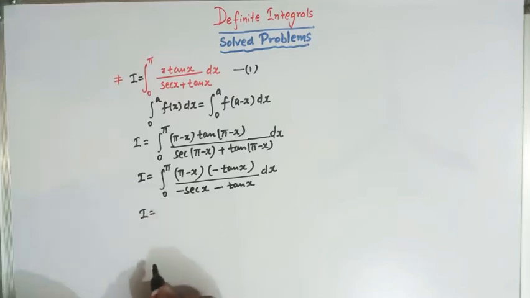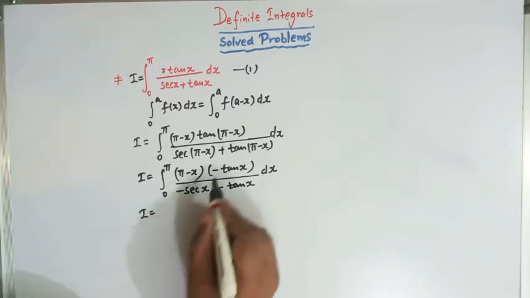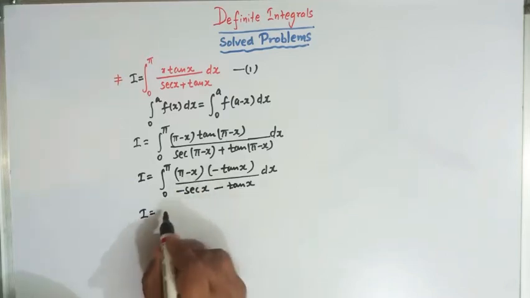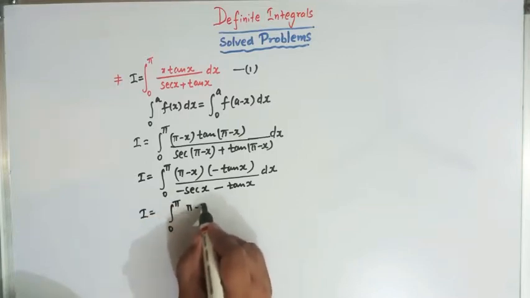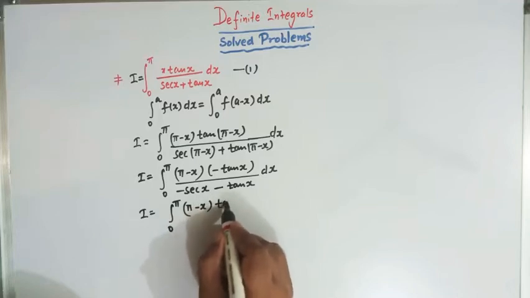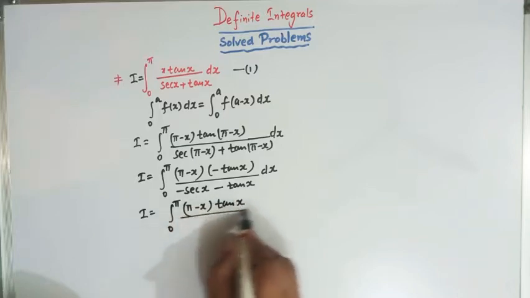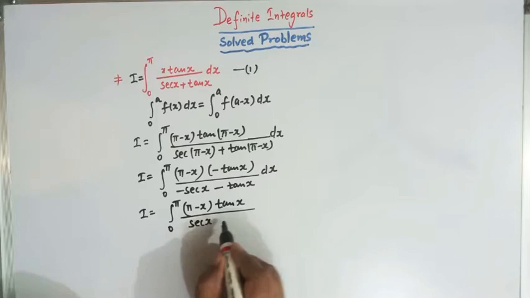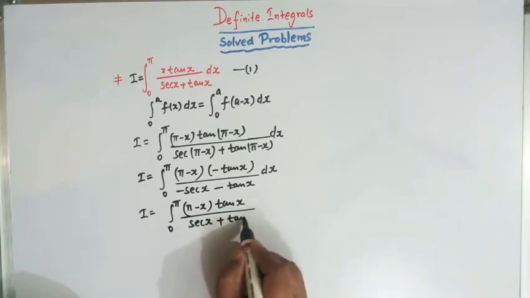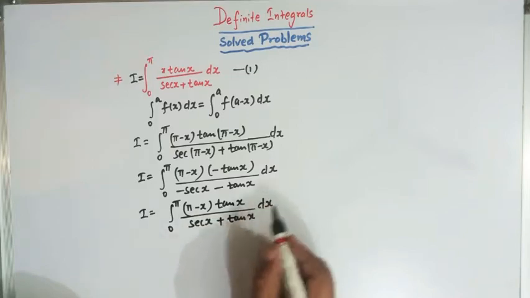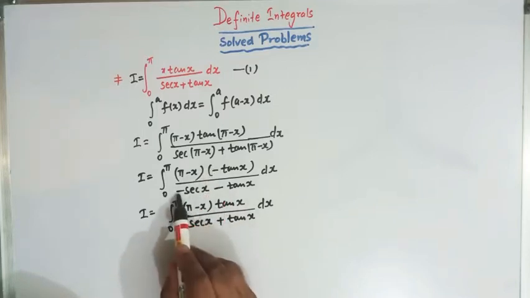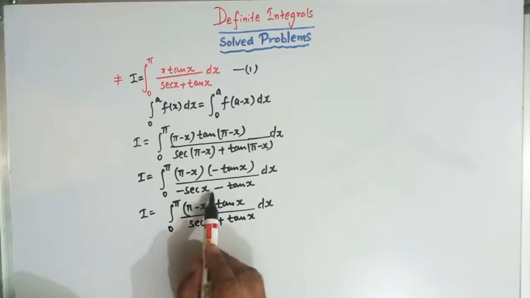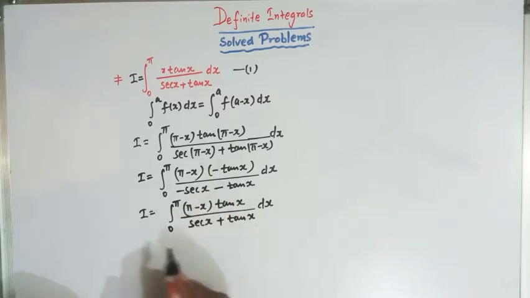Now I is equal to the integral from 0 to pi of pi minus x tan x divided by sec x plus tan x, because the negative sign in the numerator and the negative sign in the denominator both get cancelled.